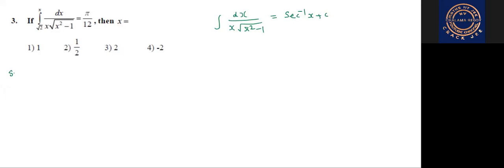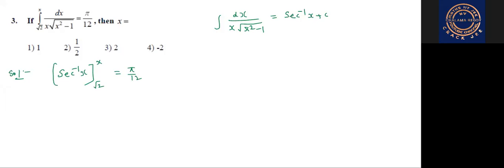Now here we get secant inverse x, and the limits are root 2 to x, equal to pi by 12, given. Now substitute the upper limit and lower limit, you will get the answer easily.